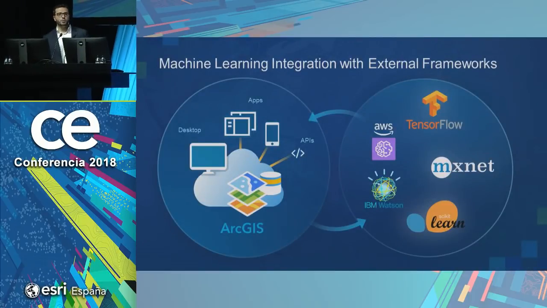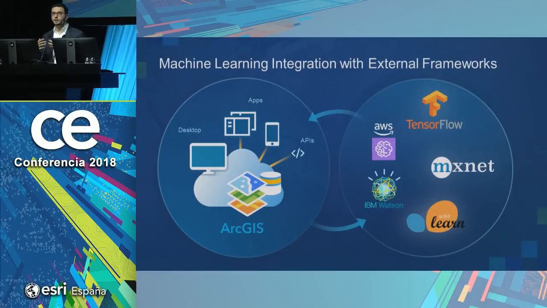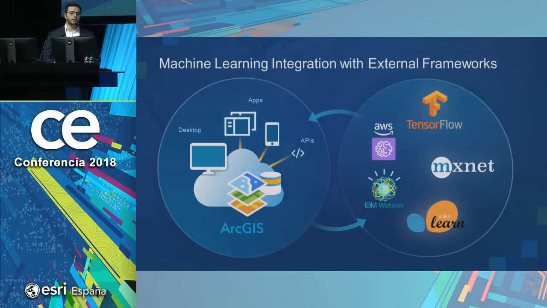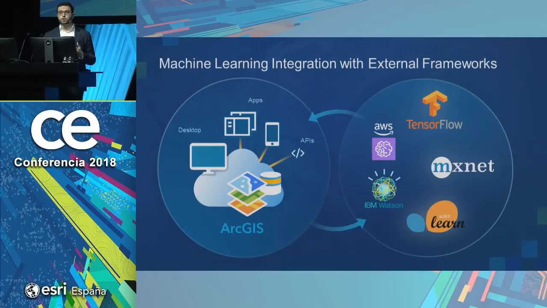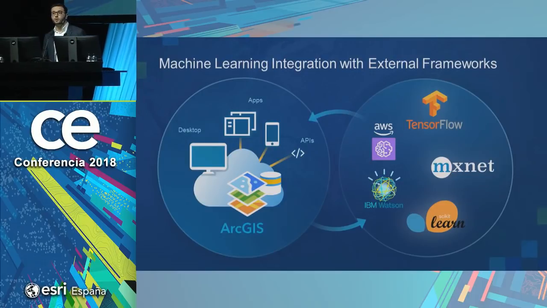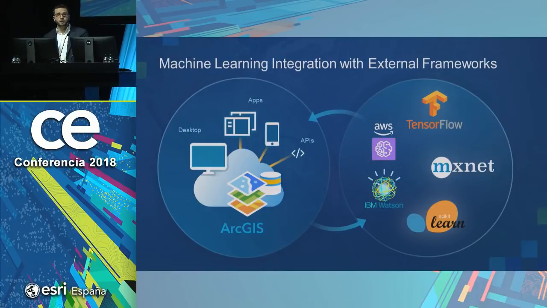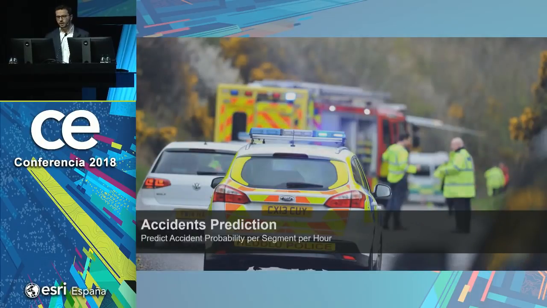In addition to that, we provide the ability to integrate with machine learning and deep learning frameworks, like IBM Watson, Azure Machine Learning, Scikit-learn, TensorFlow, PyTorch, you name it. And we provide those integrations by APIs. For example, we have the ArcGIS API for Python that can integrate with Python-based frameworks, and the R bridge that can integrate with R. So what about seeing some examples of those?